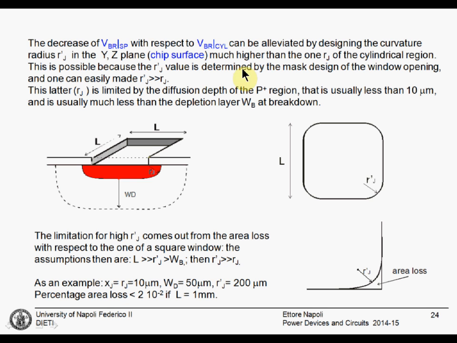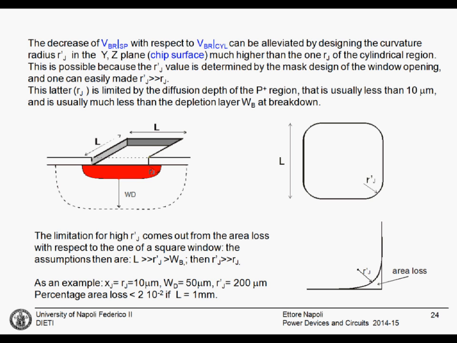This problem can be easily alleviated by designing the curvature radius in the YZ plane on the chip surface much larger than Rj of the cylindrical region. The idea is, my problem is the mask that is square, because I have corners here.